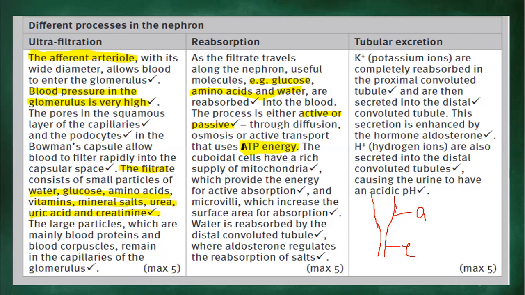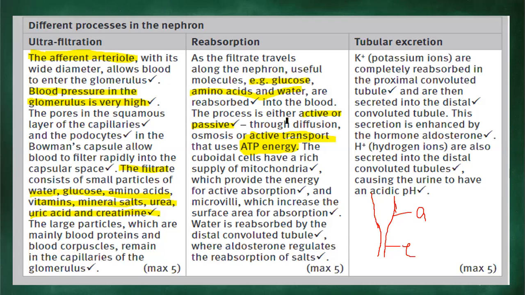Active transportation means you require an energy input. The name gives it away: with this form of transport, you require an energy input. And how does that differ from the other two, osmosis and diffusion? Osmosis is the movement of water from a high water potential to a low water potential, right?